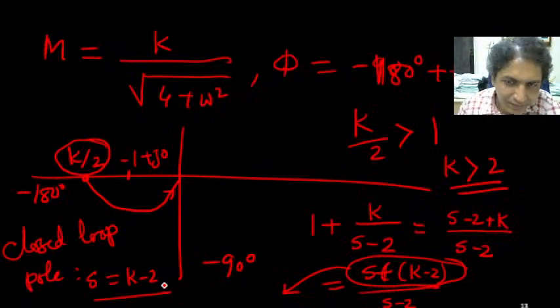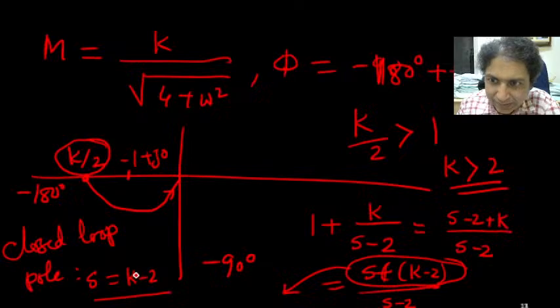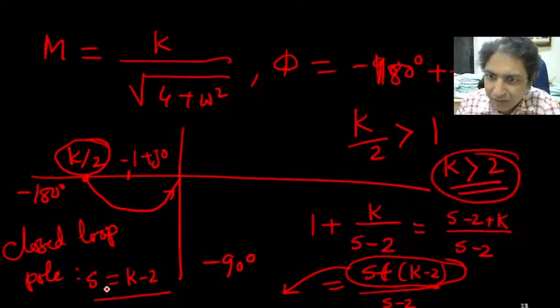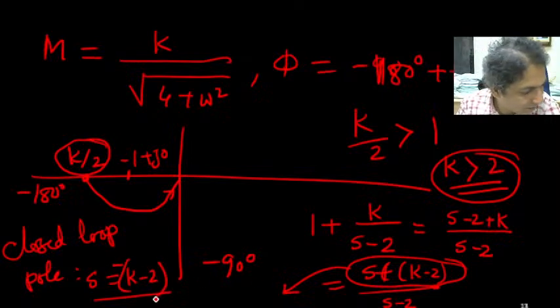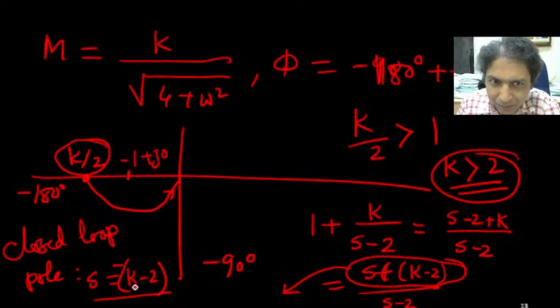Is it fine? You can see that if k is more than 2, that we have considered here, then this s value, sorry, it will be 2 minus k. I think minus sign of that. It is minus, so it is 2 minus k.